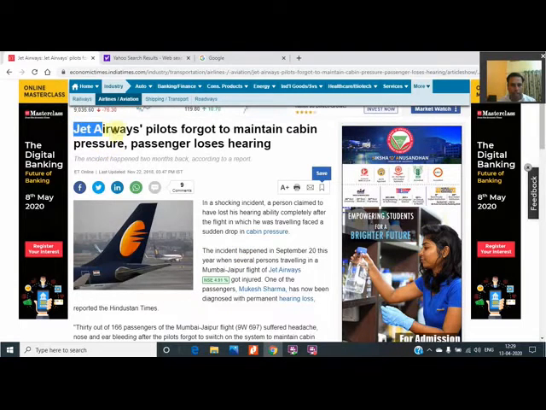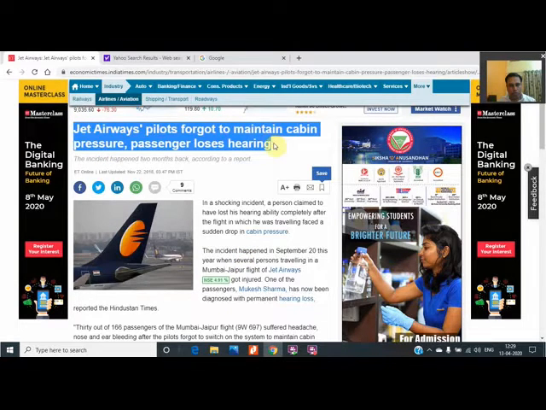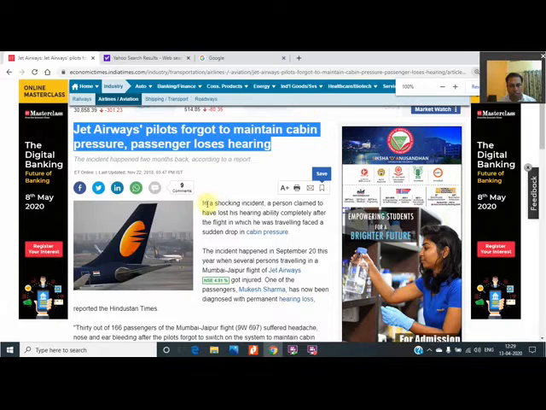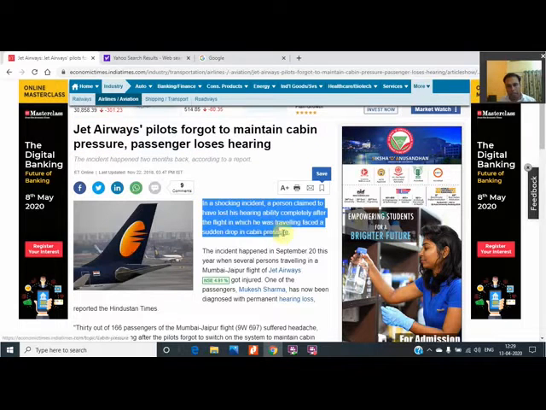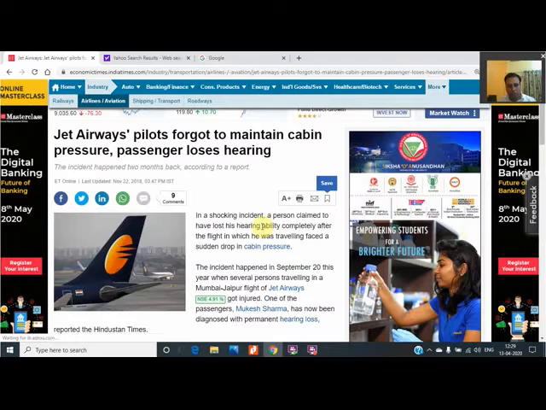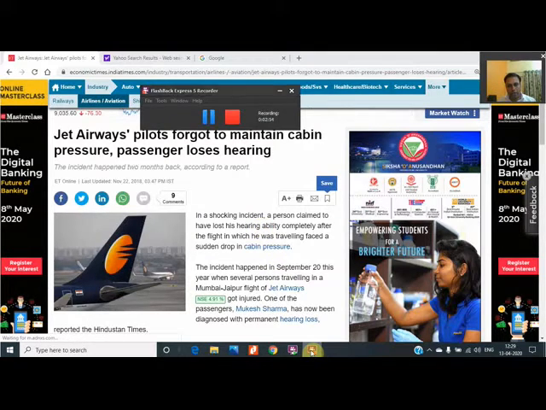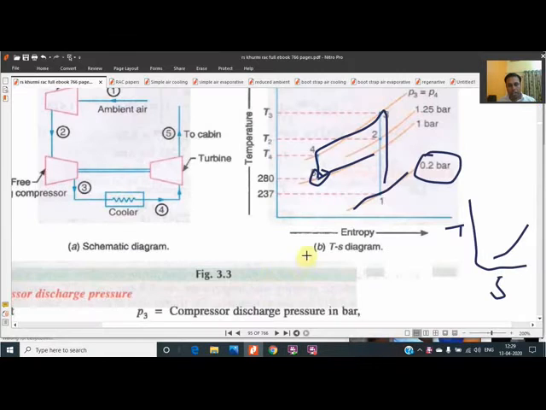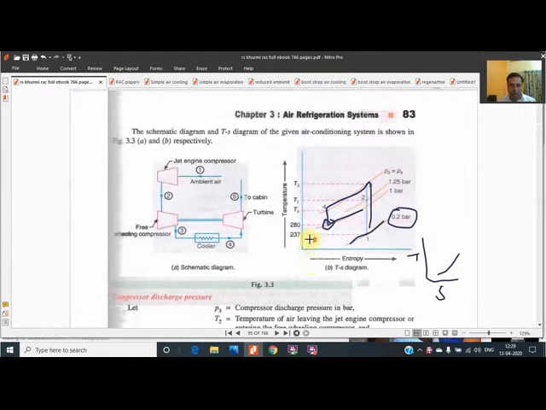A news report of an airline was shown to you, in which the pilot forgot to maintain cabin pressure and passengers lost hearing, because such a low pressure creates problems in the eardrum, and the hearing ability was lost. So you can directly know from here what will happen if cabin pressure is not maintained.